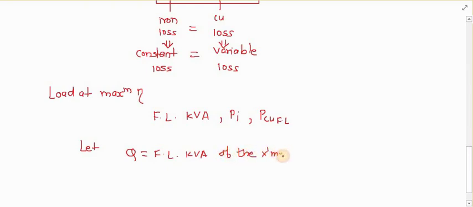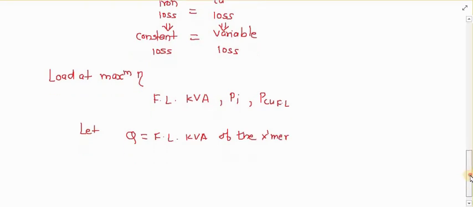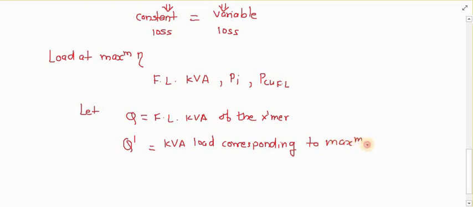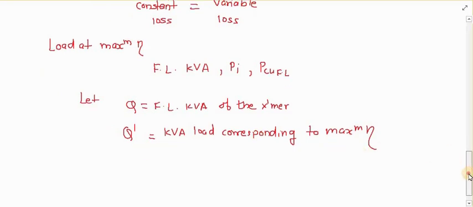Right? Then let Q dash be the kVA load corresponding to maximum efficiency.